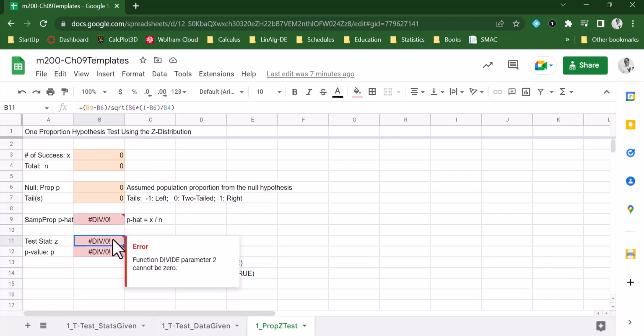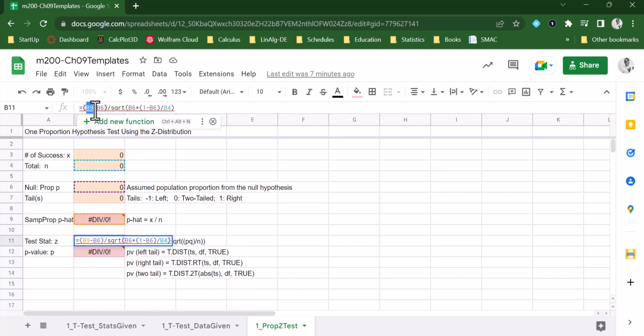Our test statistic will be the difference between B9 and B6. So it's going to be the difference between p hat minus the p-value, which was given as part of the null hypothesis.